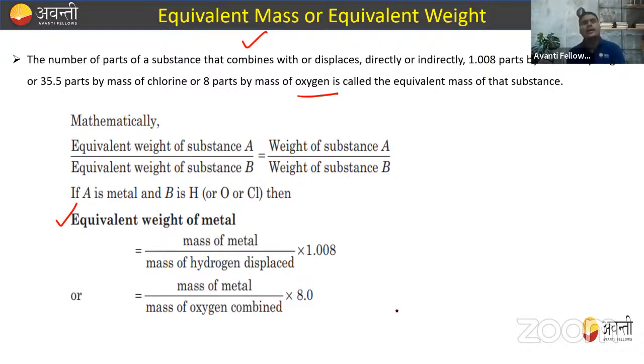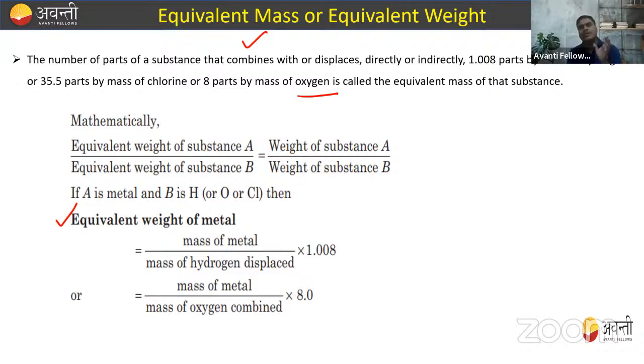Yes. Okay. Let me explain. So this is the definition of the equivalent mass. That is, how will you define equivalent mass or equivalent weight, right? We know we have a molecular weight, we know we have atomic mass, so we have different kinds of measuring things, right? Like what is the molecular mass of a compound, what is the atomic weight.